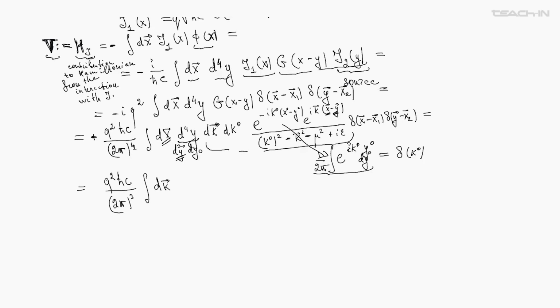They will produce for us this exponential i k (x1 minus x2), right? And then in the denominator, since we are integrating over k0 and get a delta function, we can integrate over k0 with this delta function. So basically k0 will be replaced by 0 in the denominator. And then what will be left in the denominator is minus k squared minus mu squared plus i epsilon.